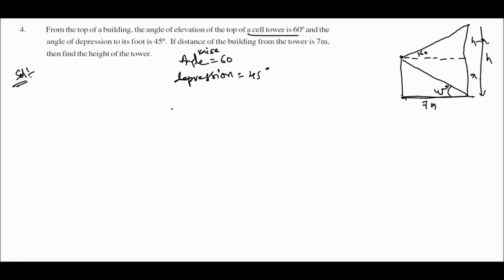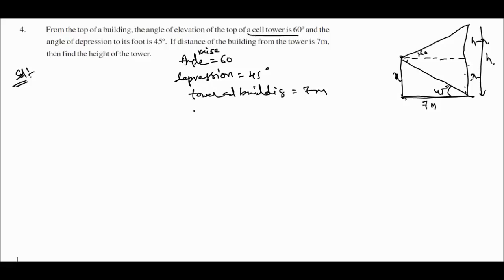The distance between the tower and the building is 7 meters. This is the building height.